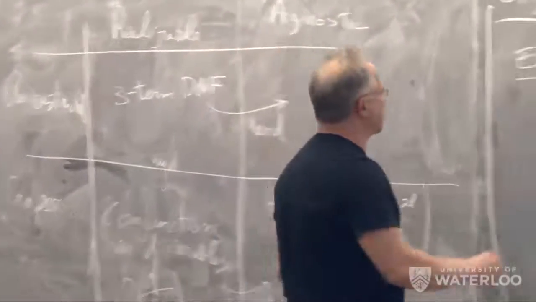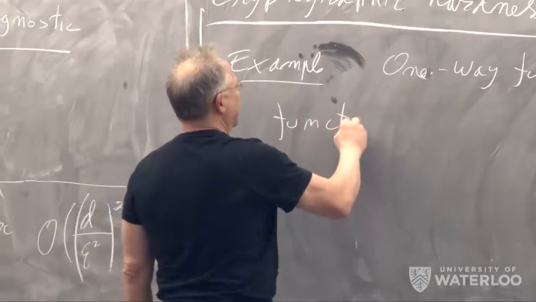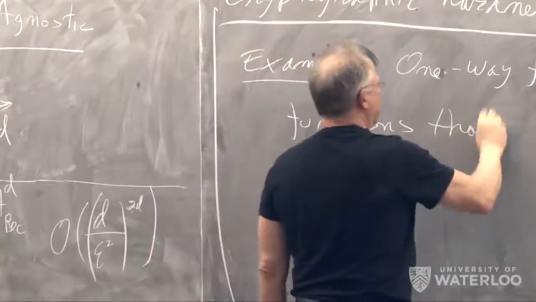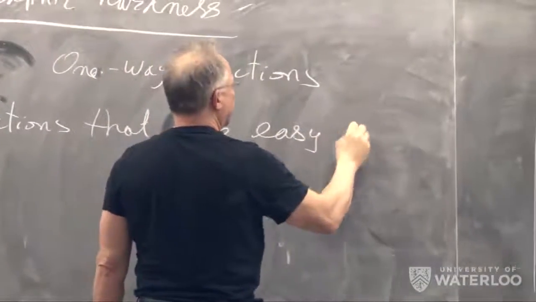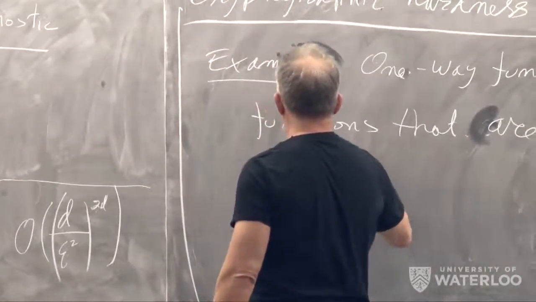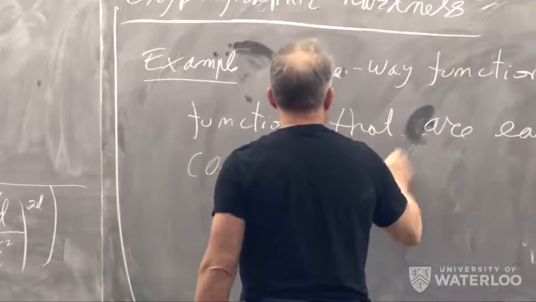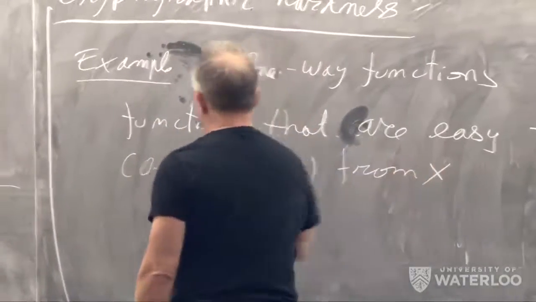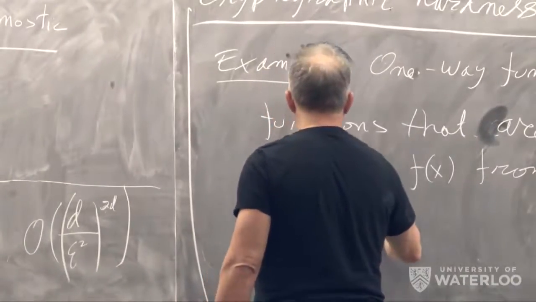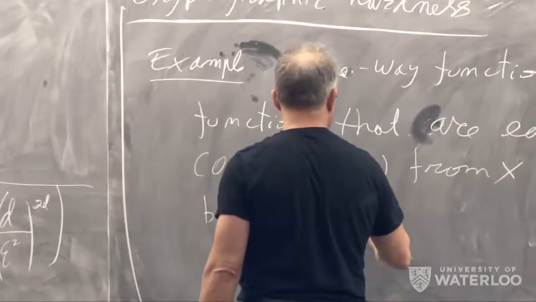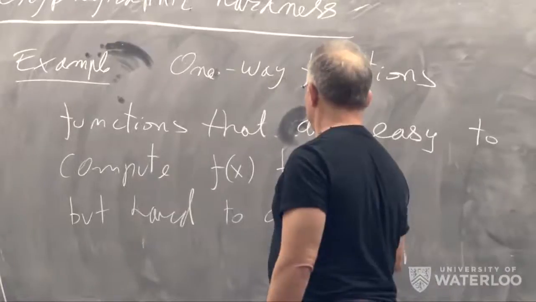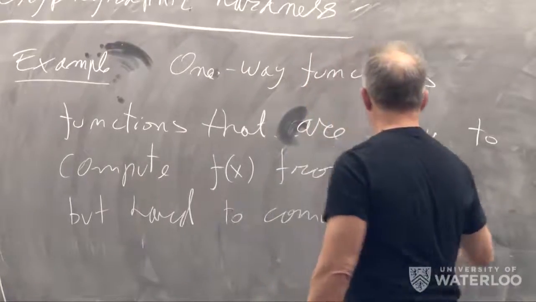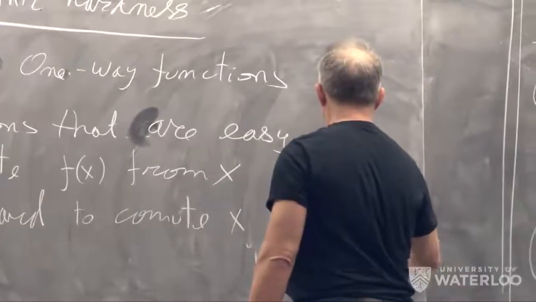One-way functions are functions that are easy to compute, f of x from x, but hard to compute in the reverse direction, x from f of x.